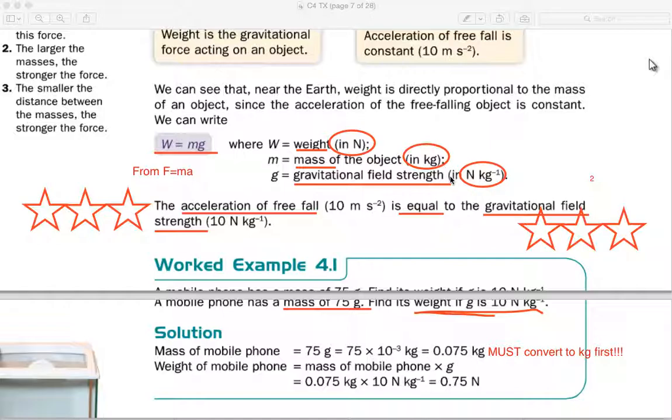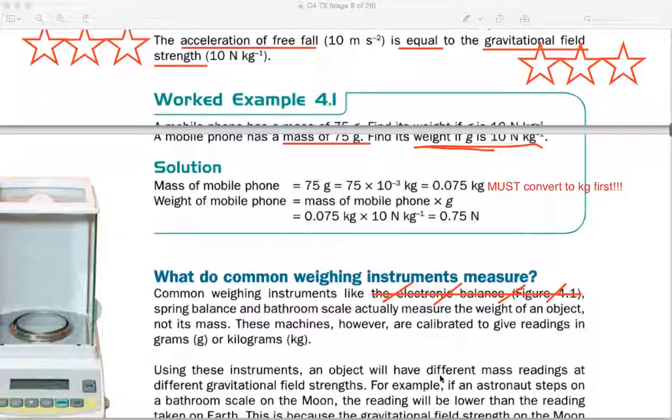This is yet another example of how important SI units are, mainly in the application of formulas. For a mobile phone of 75 grams, the first thing we need to do is convert it to kilograms. Just highlight this and write it down: must convert to kilograms first. After that, you can use the formula W equals mg to find its weight.